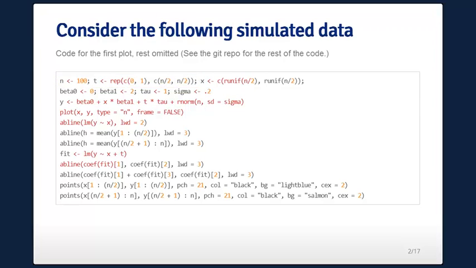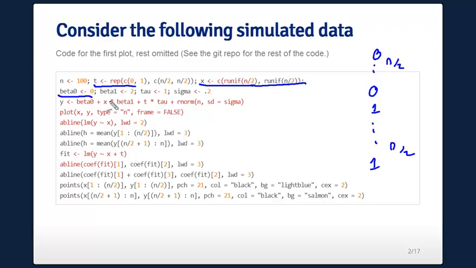That variable looks something like zeros repeated n over 2 times and then ones repeated n over 2 times. And then my x variable is just a series of uniform random variables. I don't know why I did it that way instead of just doing runif n.